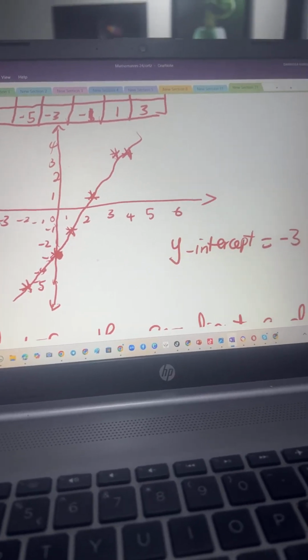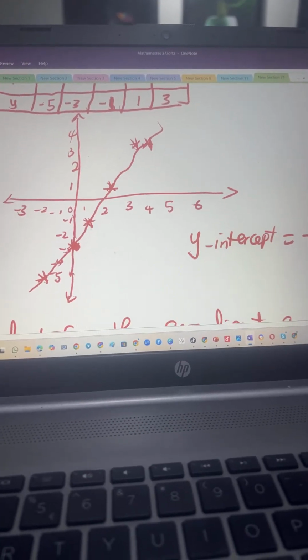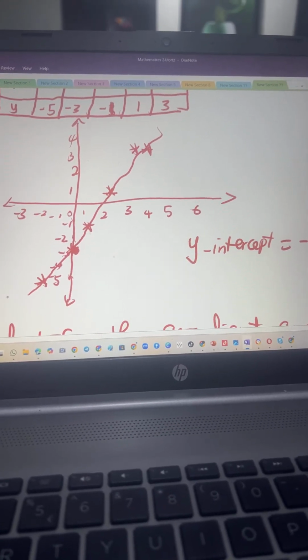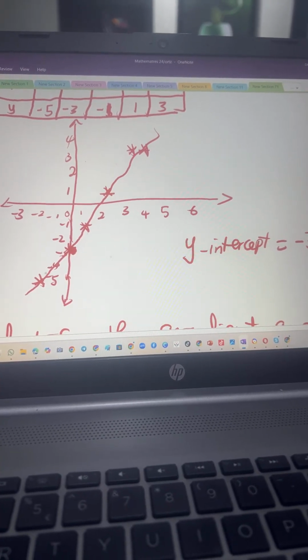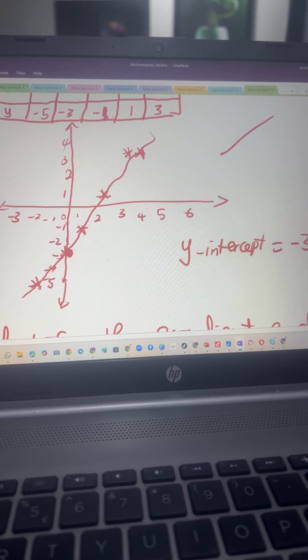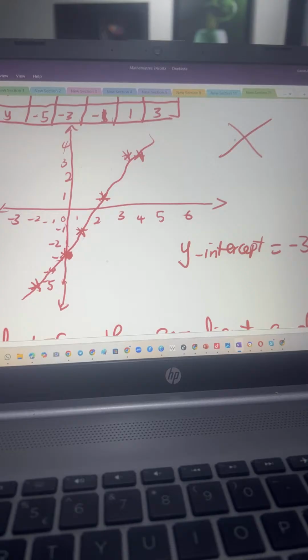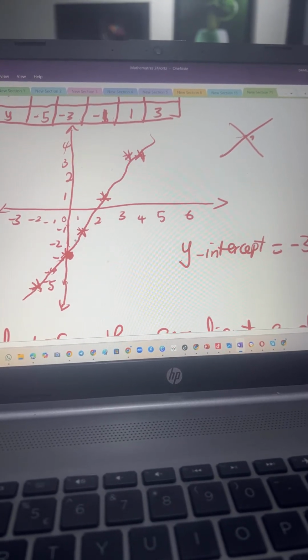Sometimes they can ask you to identify that, it's (0, -3). You can see where this straight line that we drew is cutting the y-axis. That's why you say intercept. What is intercept? Intercept is when something joins another. That point at which it joined, that is intercept. Do you understand?